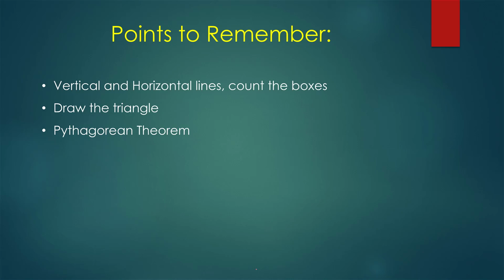So to wrap up our lesson, our points to remember for vertical and horizontal lines, lines that go straight up and down or straight across, we can count the boxes. If they do not go straight down or straight across, we want to draw the triangle and count those sides, and then use the Pythagorean theorem.